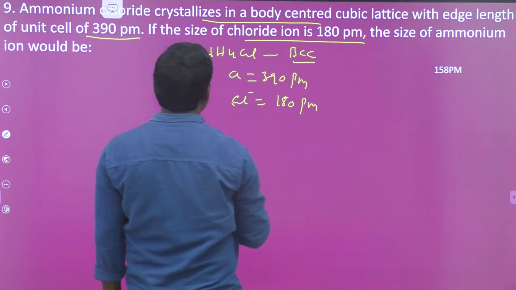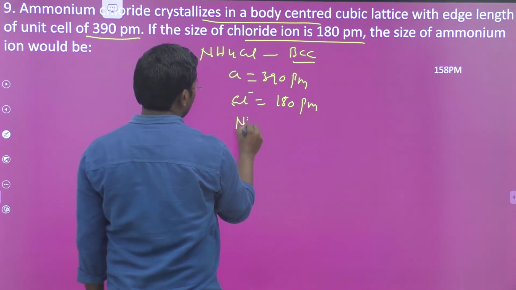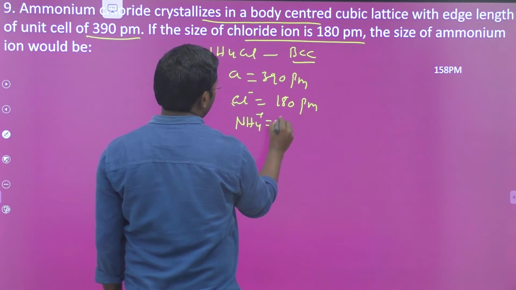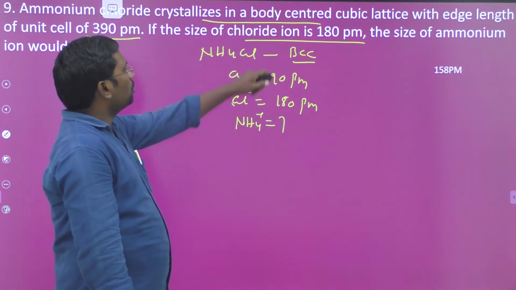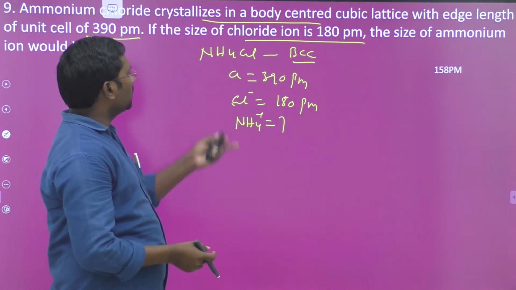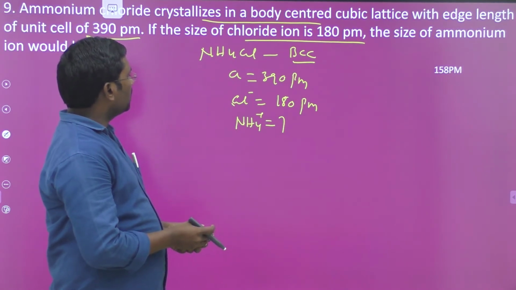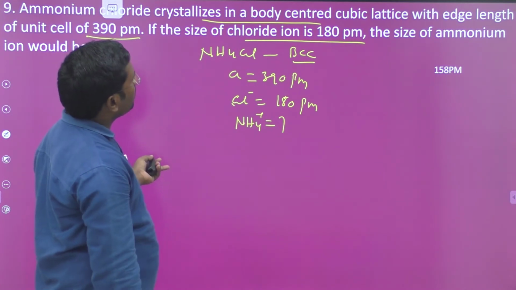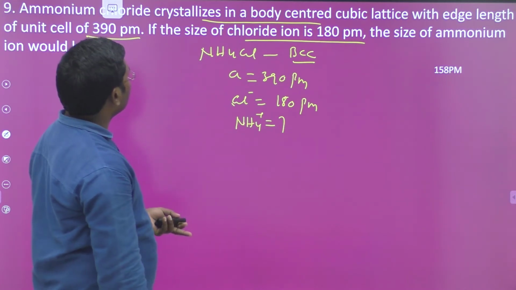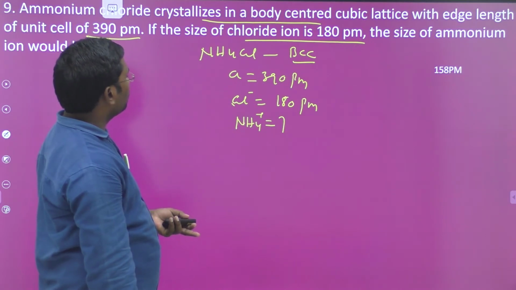The size of the ammonium ion will be? So ammonium chloride has BCC, the edge length A is given, and the size of the chloride ion is 180.